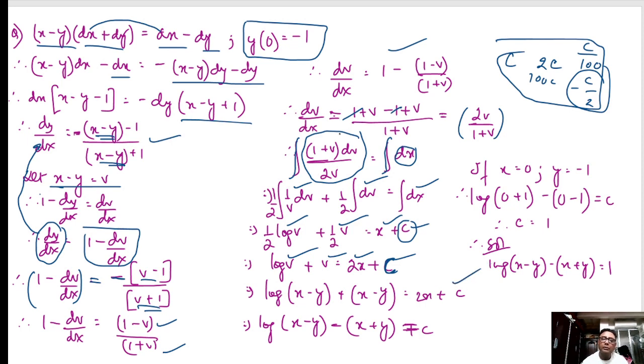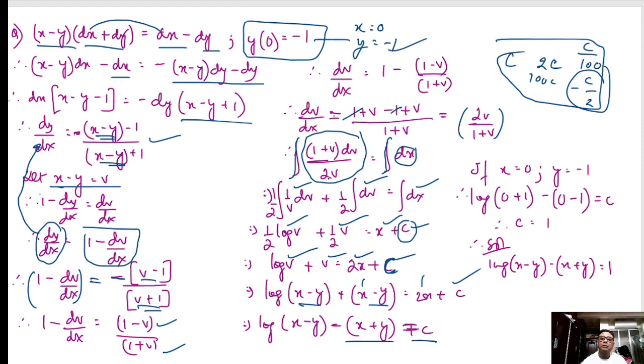And now replace the value of v wherever it is. Okay, so x from here and x from here will cut, so it will be minus of x plus y equal to c. And now replace the value of x. So watch here, this means x is 0, y is minus 1.